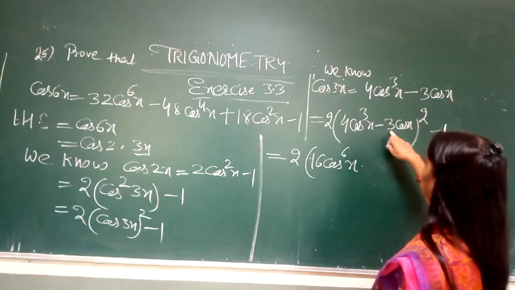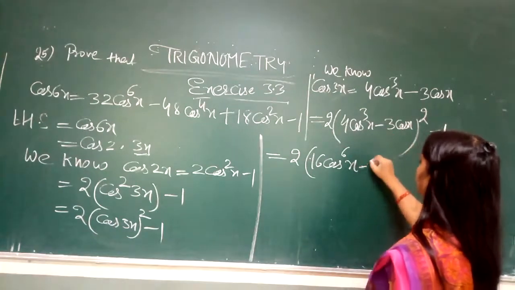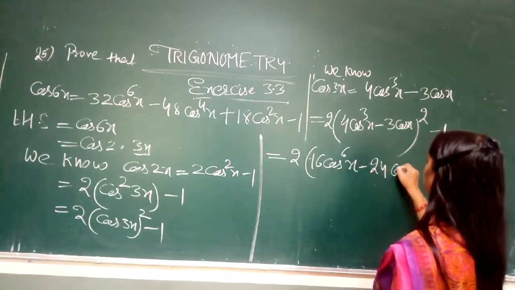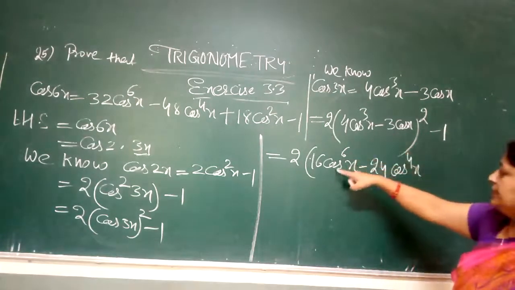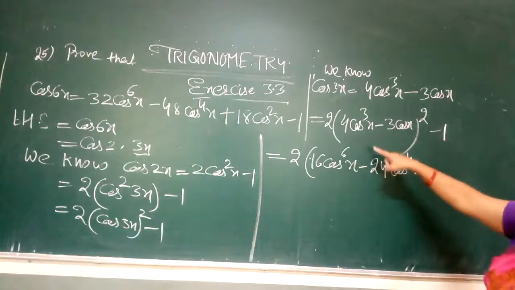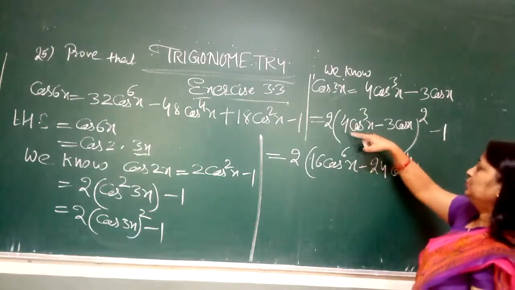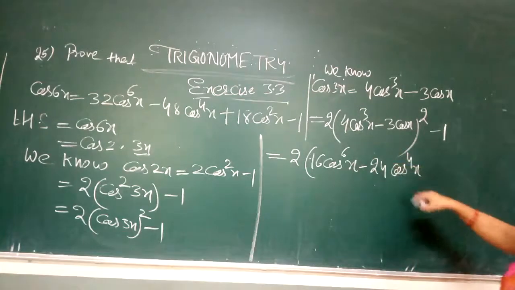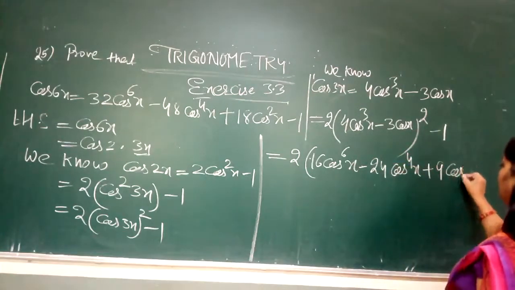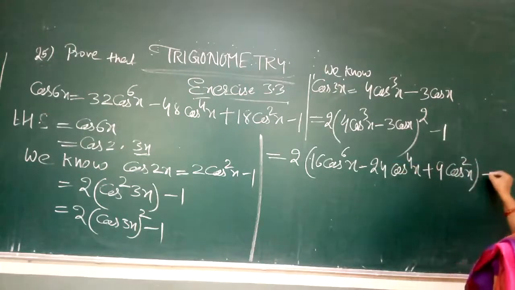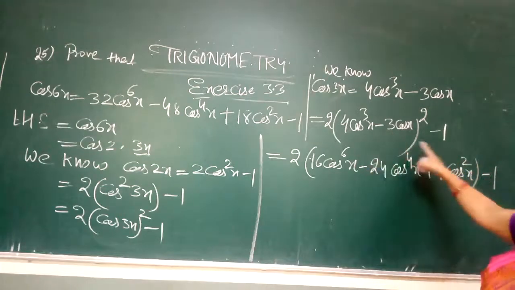So 2 into 12 is 24, minus 24 cos 4x, because it is coming like a square plus b square minus 2ab, minus 2 into a into b, then plus 9 cos square x.